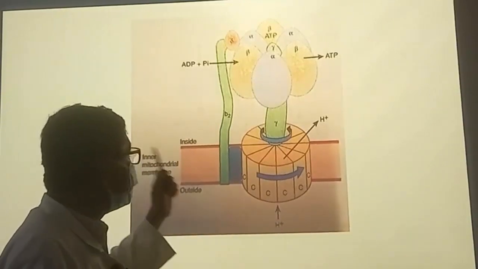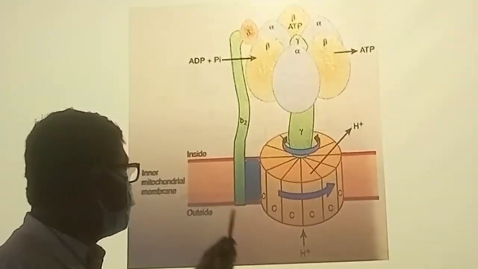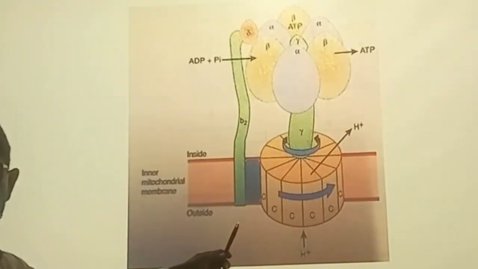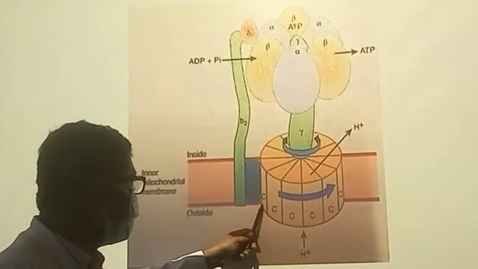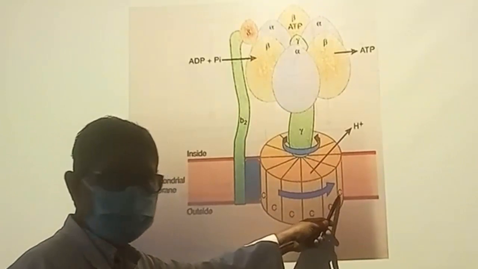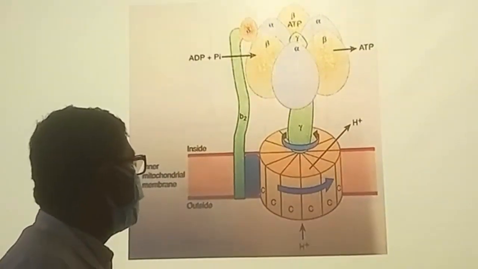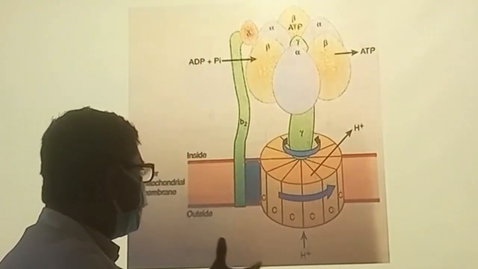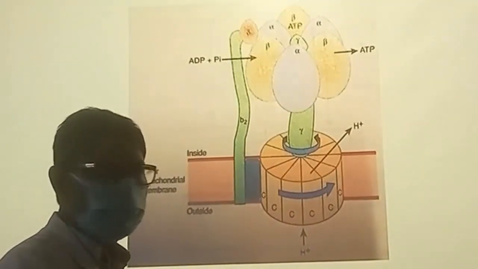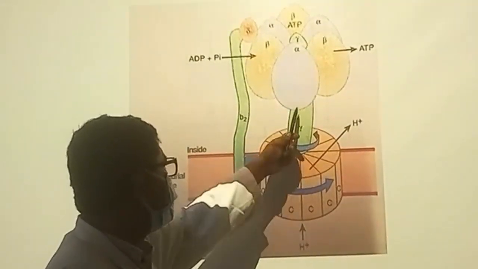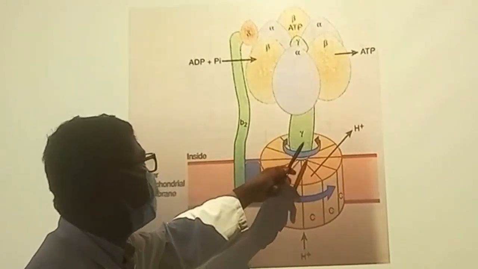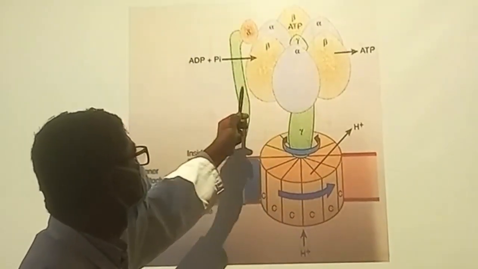So this is the ATP synthase complex. This is the membrane bound complex F0, and F1 consists of some C protein subunits, and it's like a rotor, and we have a bent axle, the gamma, and F1 is made up of 3 alpha and 3 beta.